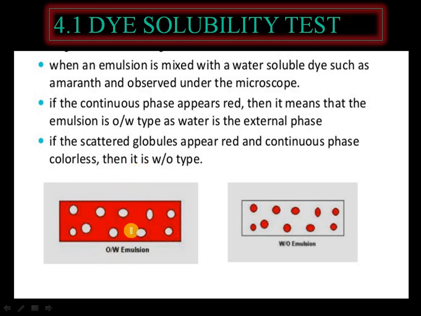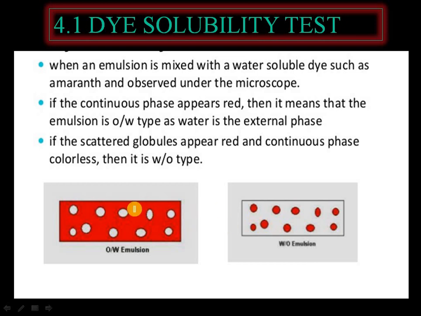As the dye is present in a large quantity in that solution, that means oil is present in a large quantity. And if we add a dye in a solution but only little droplets of the unknown emulsion get the color of the dye, that means oil is present in a lesser quantity, so it will be an oil in water type emulsion.